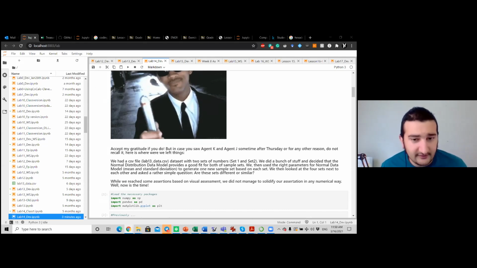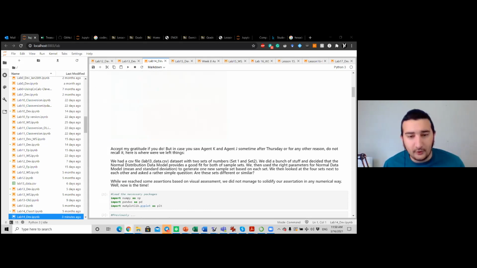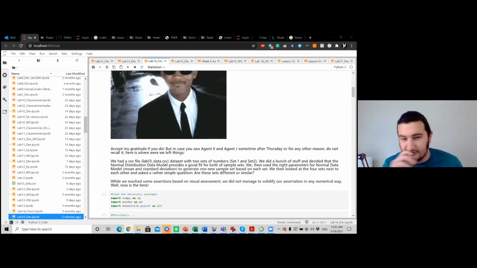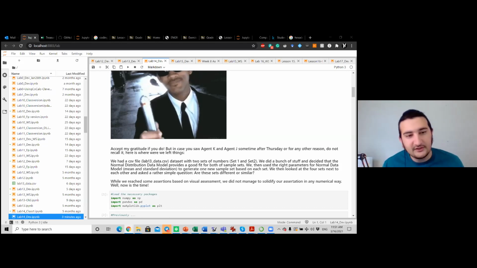Does that sound right? Okay. So then we used descriptive statistics to explore each set. We looked at the mean, the median, the range, the IQR, all those good things. And we started to get some ideas about the spread and central position of each set.